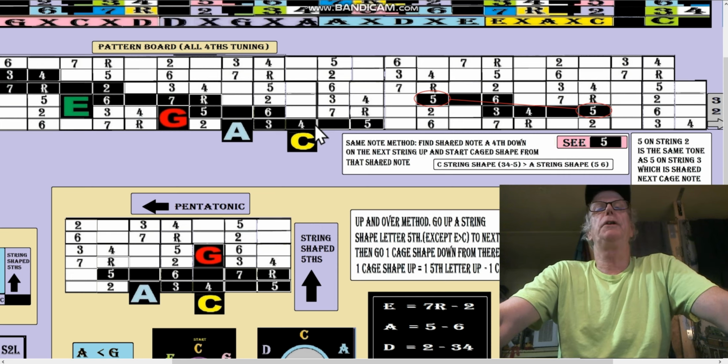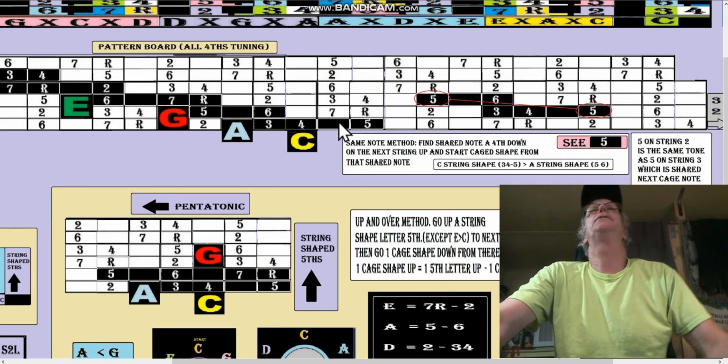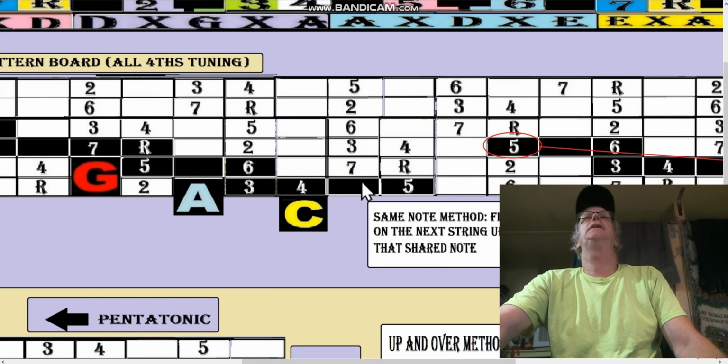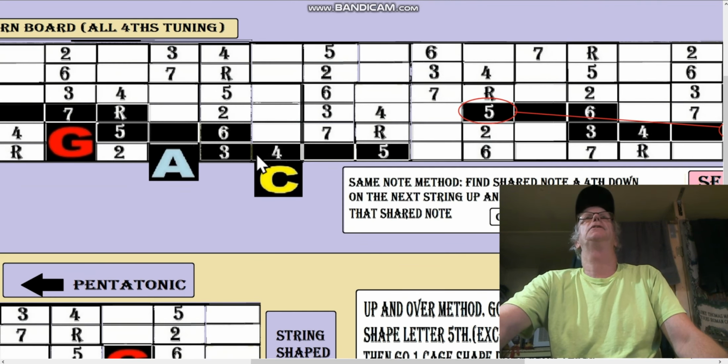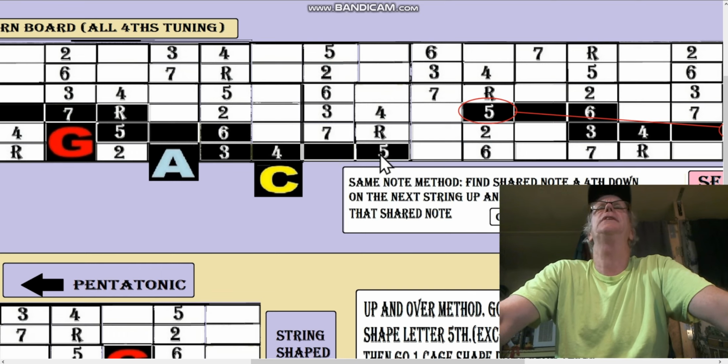But what if you want to go to the next string up in caged? I realized I was going to mess this up. One thing you can do is this. You're on the C string shape anywhere. If it's on the bottom string, it's the key of C. Only the key of C has the C string shape, where E would be the 3rd of C on the bottom and the top string, right?